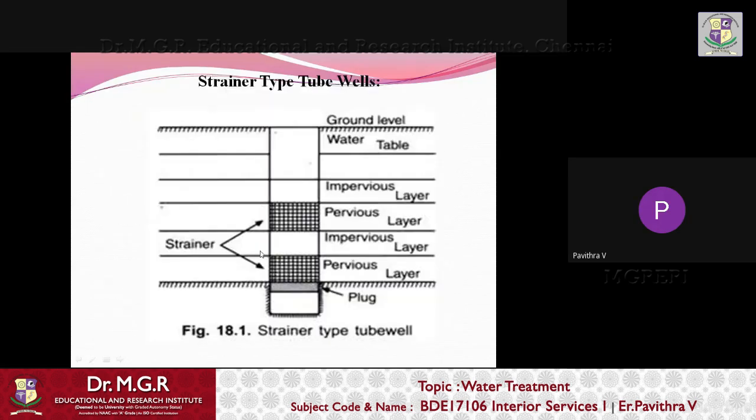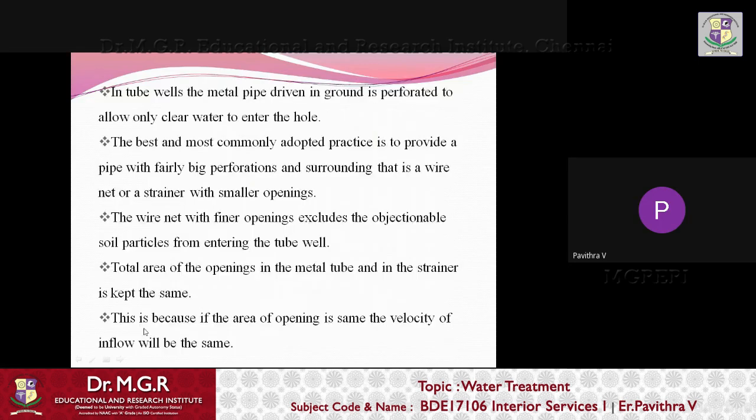So the strainer is the one which is going to filter all the dirt particles, like the screening process we had seen in the water treatment process, where floating particles, everything gets clogged. The strainer mesh will be provided at the bottom of the tube well. In this process, the opening is the same, so the velocity of the inflow will be the same.